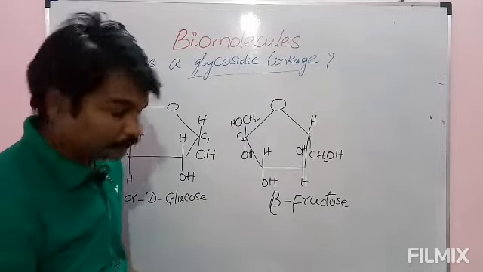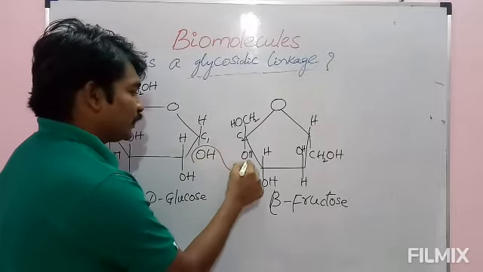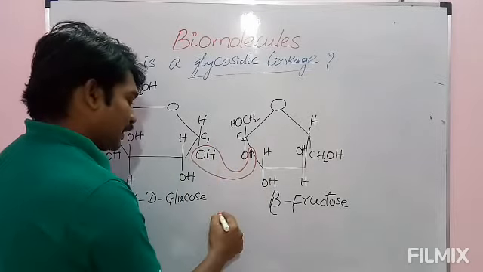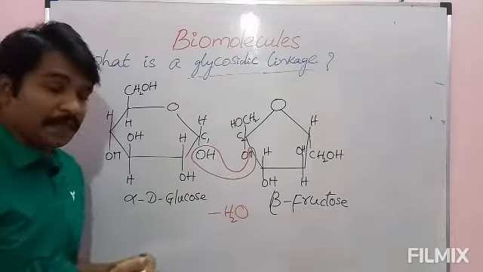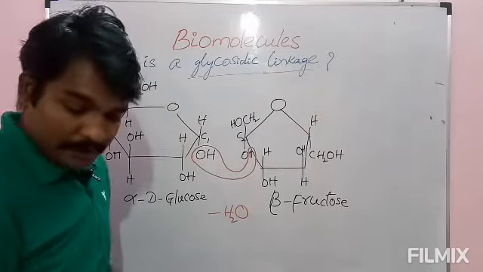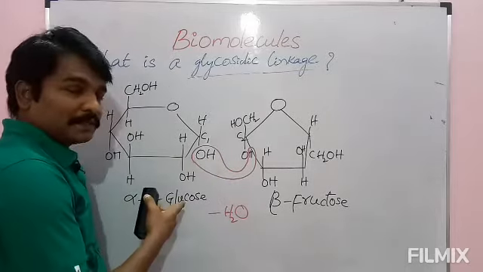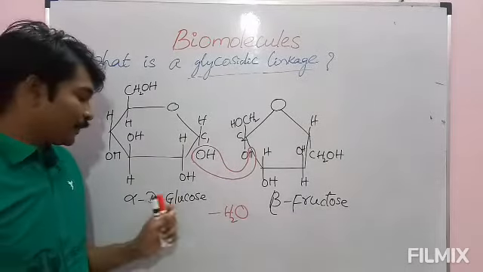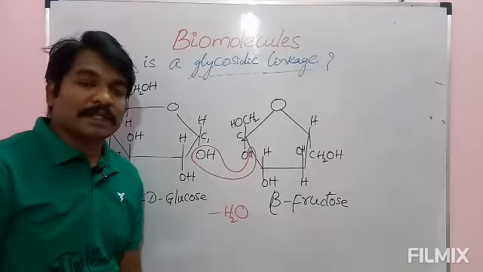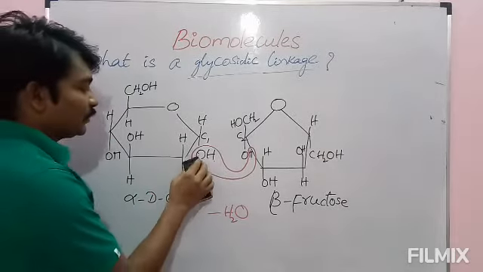A water molecule is removed from this one. I am writing here minus H2O. Then the bond will develop between these two, and I will write the glycosidic linkage. Please observe this, and you have to practice the structures of glucose, alpha glucose and beta fructose. These are very important and common things in this biomolecules lesson.